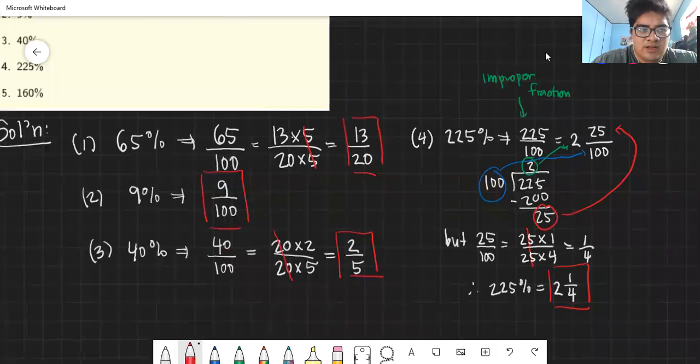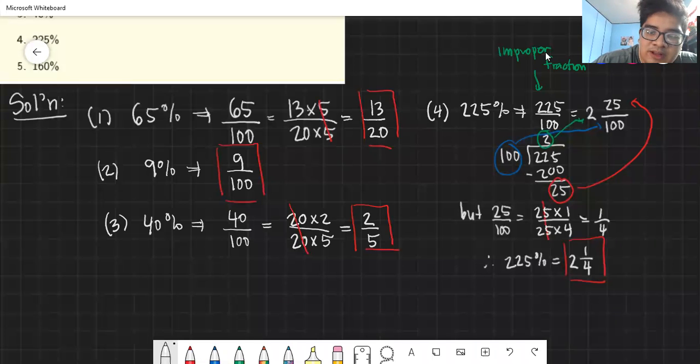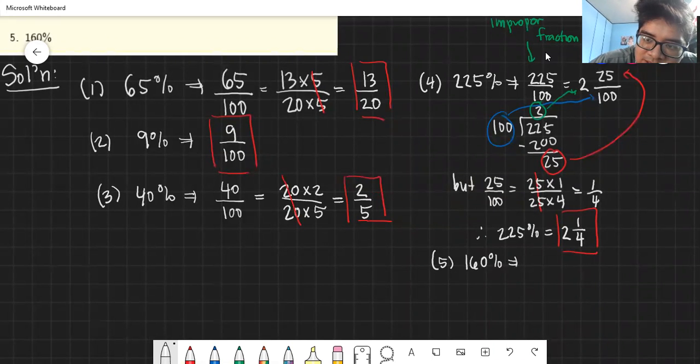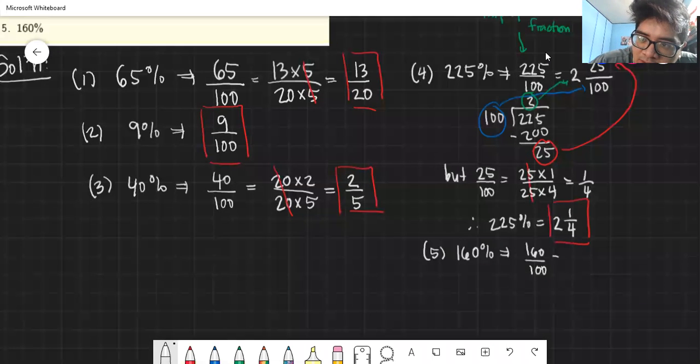Ngayon, let's proceed to the fifth example, the last example, 160%. Okay, 160% can be written as, this implies that this is 160 all over 100, but you can further simplify 160 over 100. Or ganito na lang gawin natin. Ilang 100 meron ang 160? Di ba may isa?